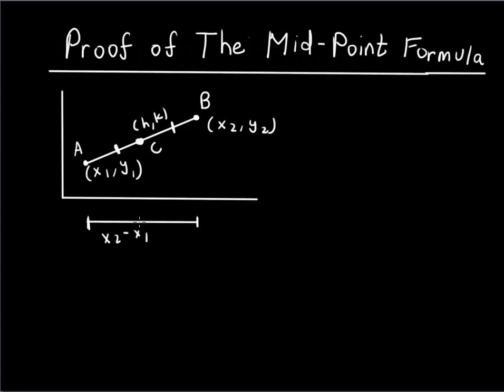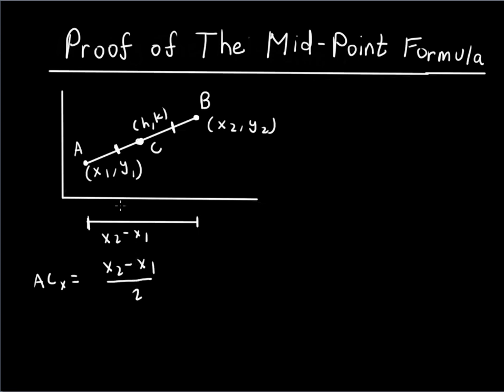C would be in between this. So the length from A to C along the x-axis would be x2 minus x1 over 2. So AC along the x-axis equals x2 minus x1 by 2.